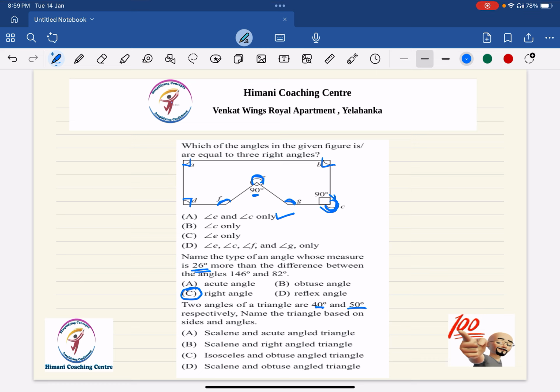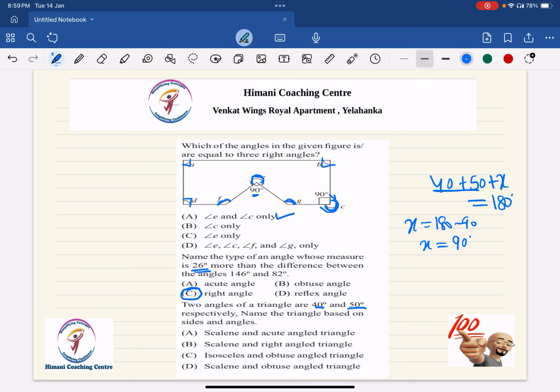Okay. See, if the two angles are 40 and 50, so 40 plus 50 plus let us say x. So three angles of a triangle add up to 180. So let us find the third. So 40 plus 50 is 90. So x would be what? 180 minus 90. So x equals 90 degree. Okay. Now all three angles are unequal.